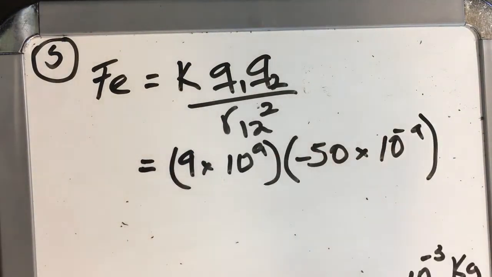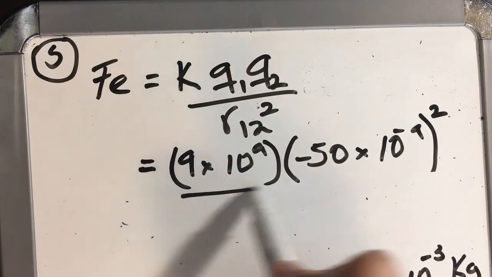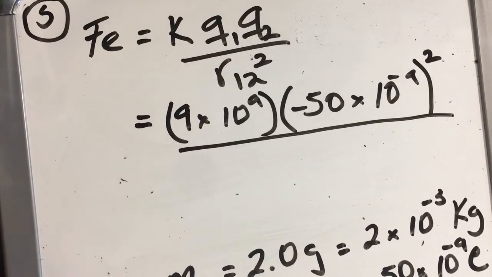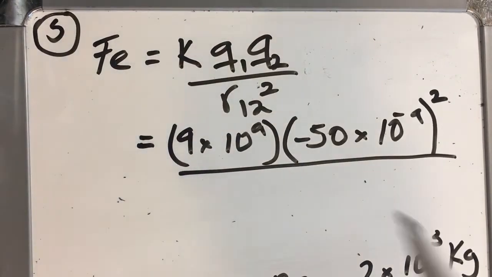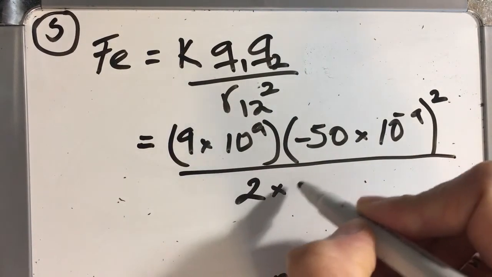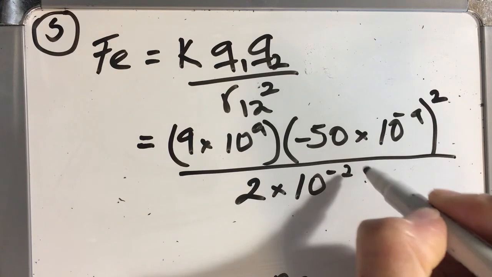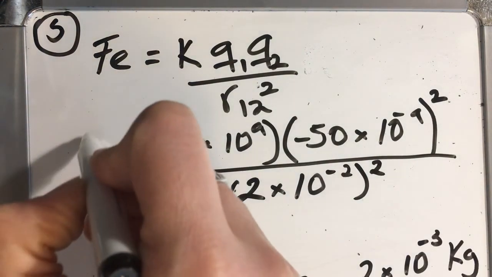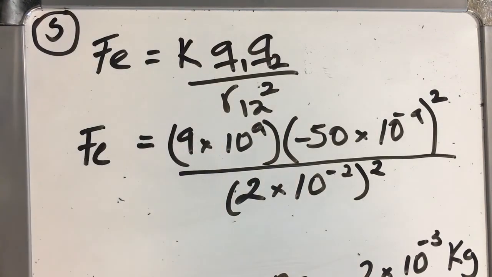Because Q1 and Q2 are equal, I'm just going to make this squared. And then I divide that by my distance, which is 2 times 10 to the minus 2 squared. That is what my electric force is going to be.